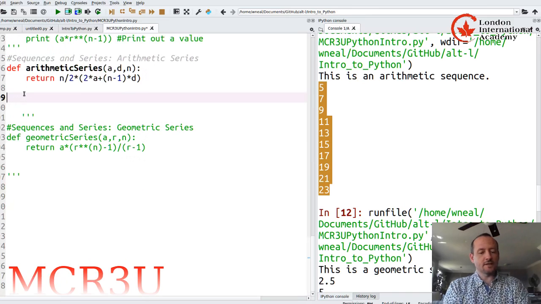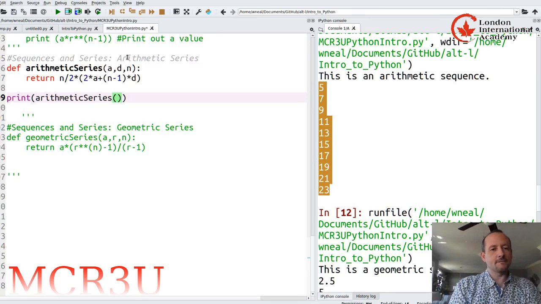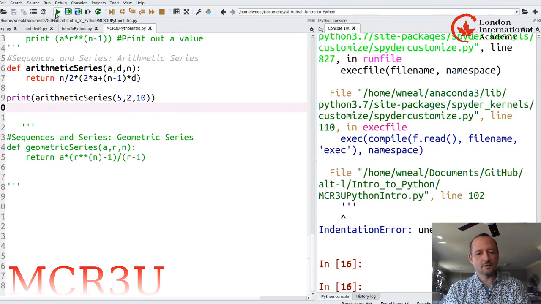So I'm going to try this, print arithmetic series. This is a special kind of function like we have in math class, but now we have 3 values, not just x. We have a, d, and n that we can give it. And so I'm going to say the a was 5, and the d was 2, and the n was 10. And if I print that out, I should get the sum of all those numbers. And I just made a slight error on line 102.